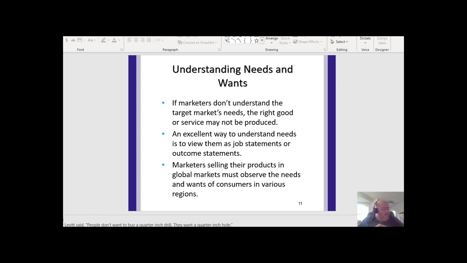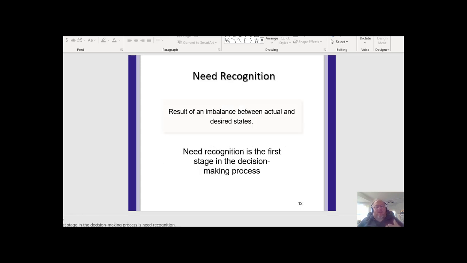Of course, a want is some kind of unfulfilled need, and a need is the gap between our actual and our desired states. We need clothes, we need food, and that first step in the decision-making process is need recognition.